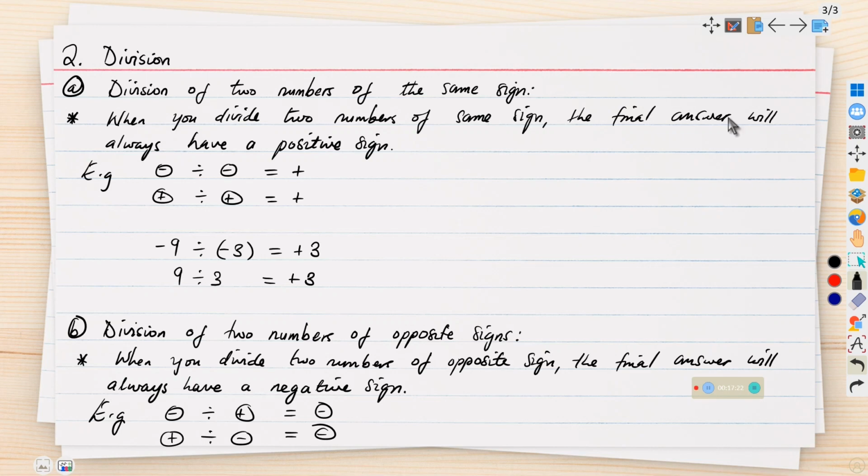So example here, if we say we have negative 10, okay, which we are dividing with positive 2. So since this is negative, this is positive, the final answer will be negative. Then you say 10 divided by 2, 5.